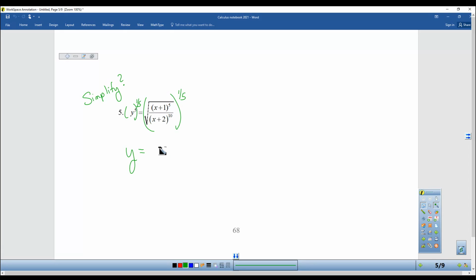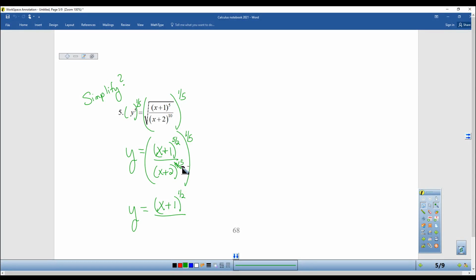So inside here, this is x plus 1 to the, it's got a square root, so to the 5/2. And this is x plus 2 to the 10/2, because it's a square root. And I'm raising all of that to the 1/5. So now I get to multiply my exponents, x plus 1 to the 1/2, and this is just a 5.